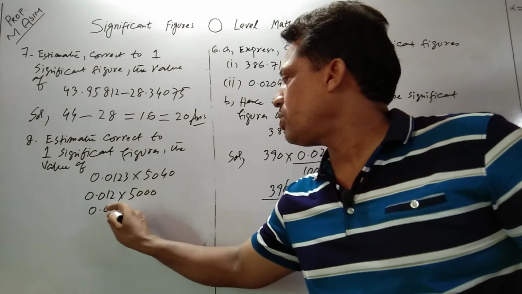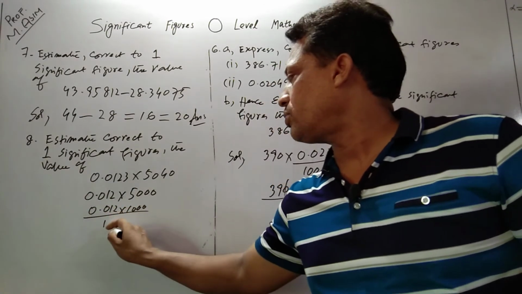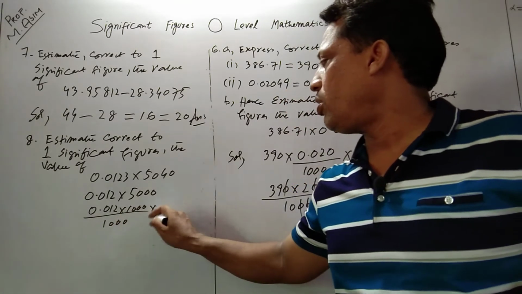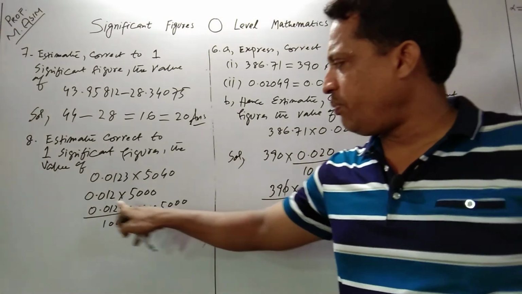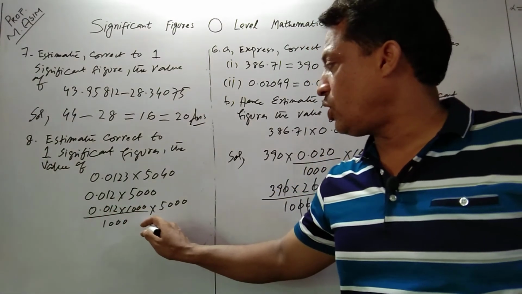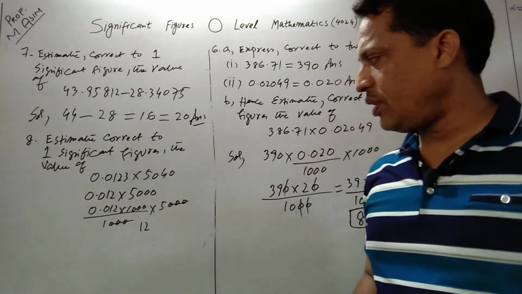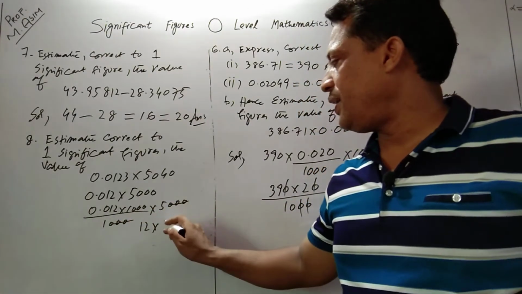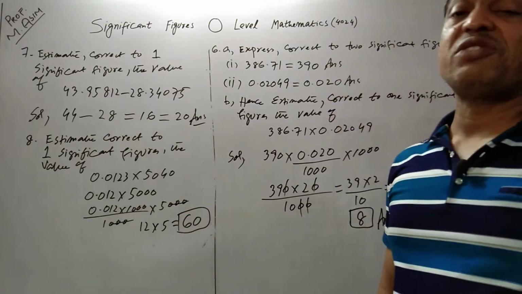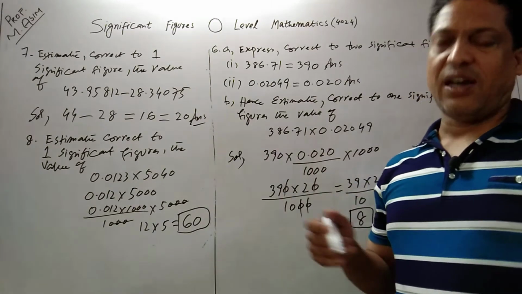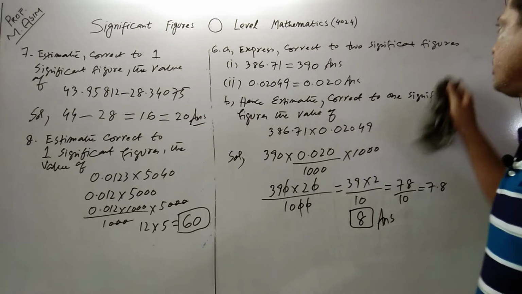So 0.012 multiplied by 1000 and divided by 1000 as well in order to balance. So 1000 multiplied by 0.012 is 12, and the 000 cancels, and 12 multiplied by 5 is 60, and 60 has one significant figure, and this is our requirement. Now see question number 9.